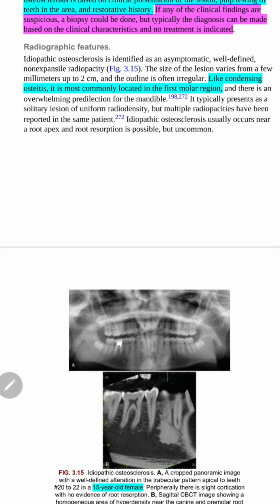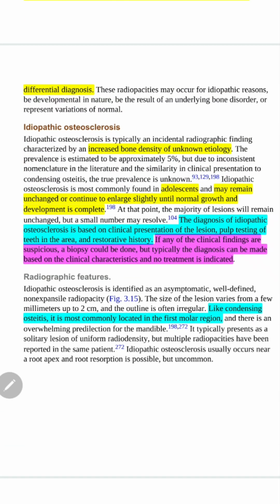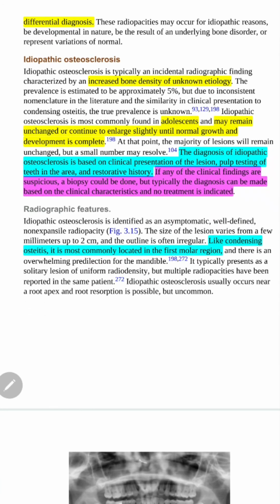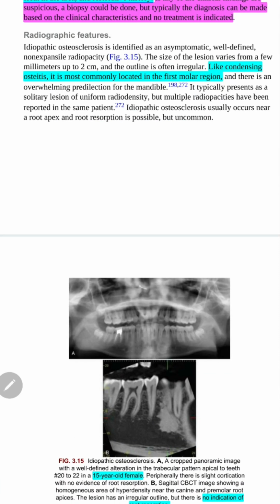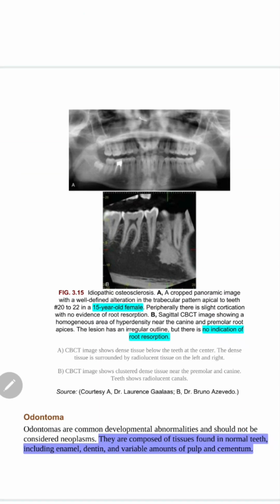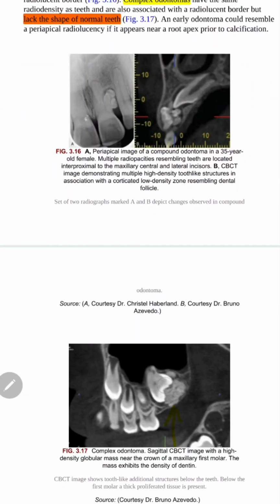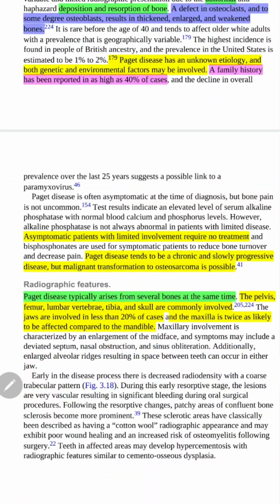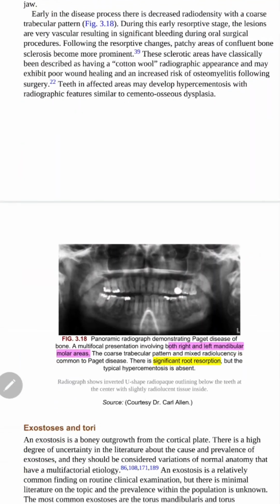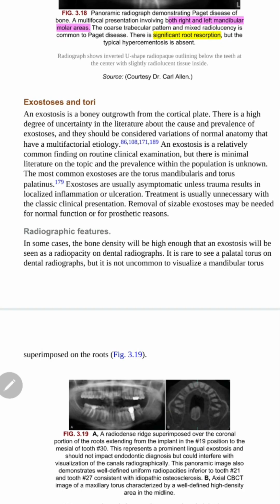And some of them, like idiopathic osteosclerosis, need no treatment. So specific and accurate diagnosis is highly recommended to know which treatment is the most suitable.